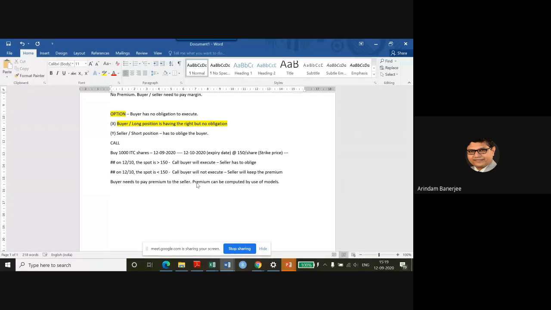This is the valuation of option models which you will study, that is the Black and Scholes and the binomial. So these are the option valuation models. But where options are traded in large numbers, the prices are often determined by market forces.